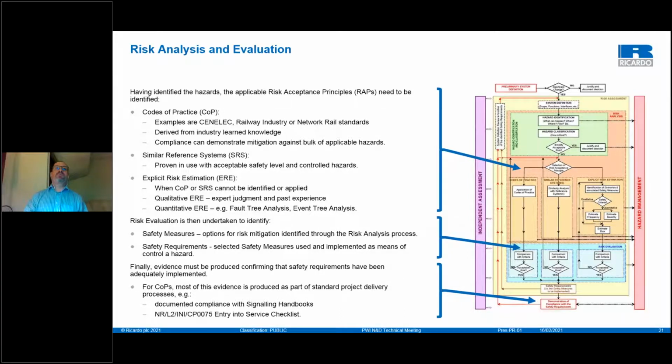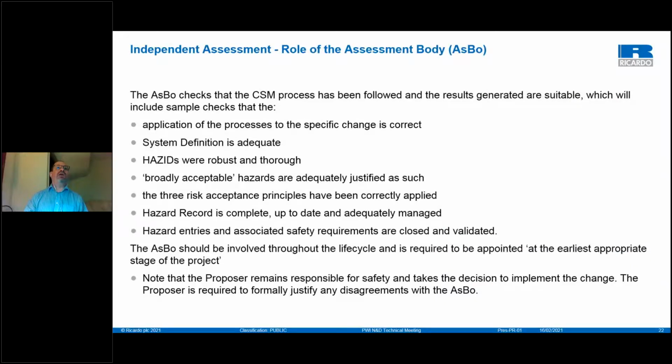Okay, a quick overview of the role of the assessment body for significant projects. We're assuming that we have a significant project. Throughout the project, after the significance test, an ASBO will be appointed, and they will be checking that the CSM process has been followed.